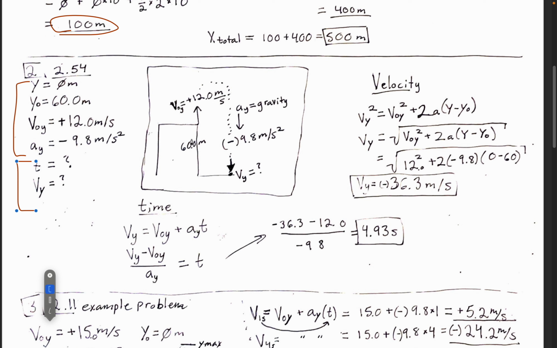But you can also draw the graph first to help you visualize where everything is. So we see that this distance here is 60 meters, and so we set y equal to 60 meters, right? So this point here is where it's starting, and so that's going to be the initial y value.